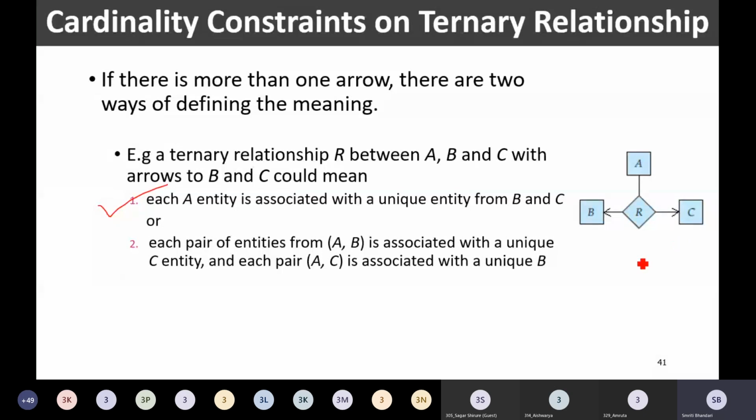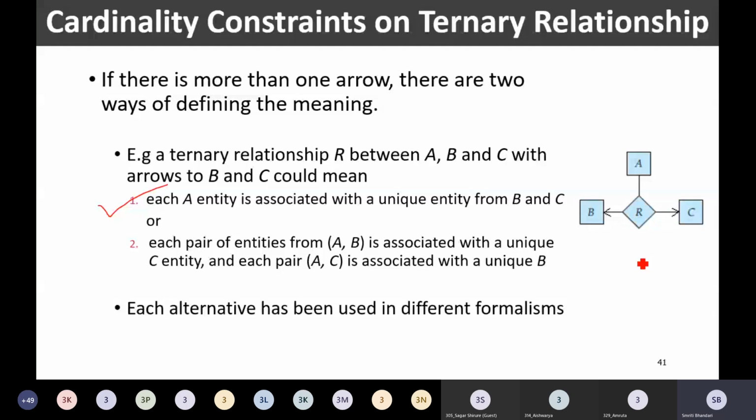Depending on whatever is the application, we may pick the appropriate meaning for that relationship set. Have you understood? Any doubts? May I proceed?